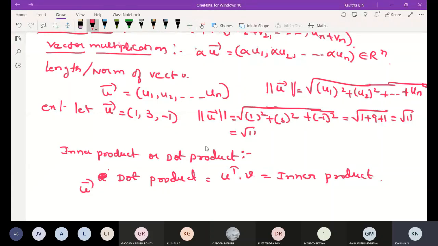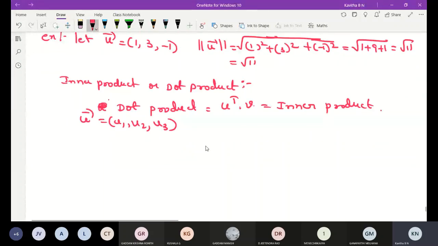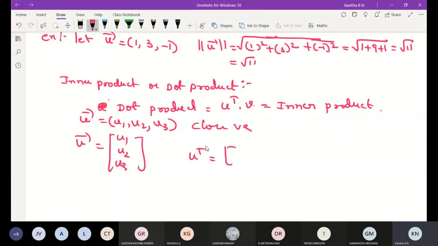Okay, U vector is equal to U1, U2, U3. Here the U vector is a column vector, so it is U1, U2 and U3. Then U transpose is equal to U1, U2, U3 as a row, and V is equal to V1, V2 and V3.